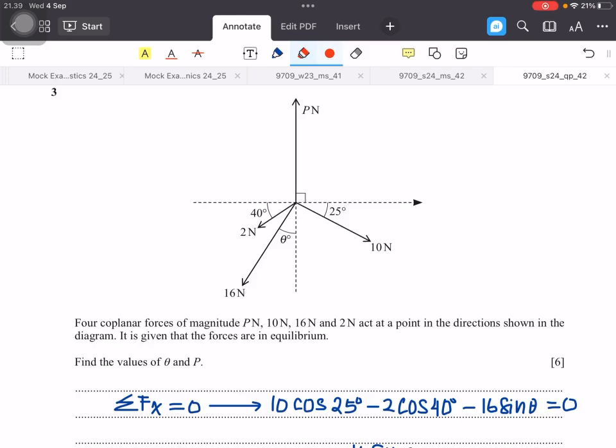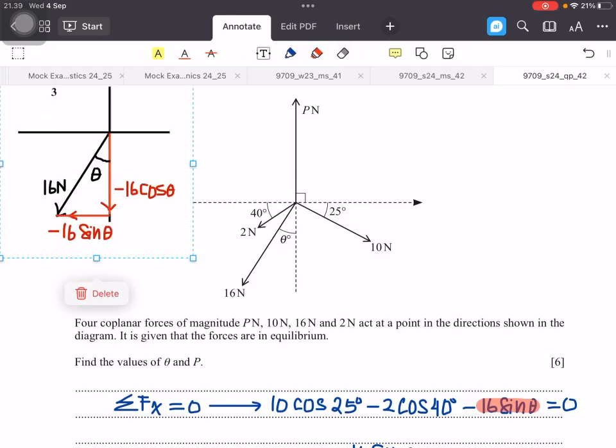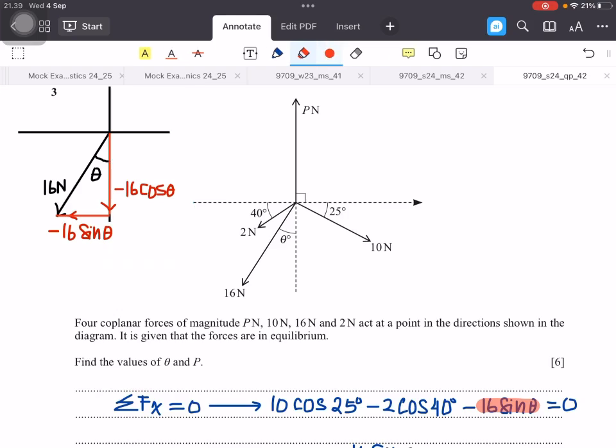In the x direction, we have 10 cos 25 minus 2 cos 40 degrees, minus because the x component of the 2 newton force is to the left, and then minus 16 sine theta is equal to 0.